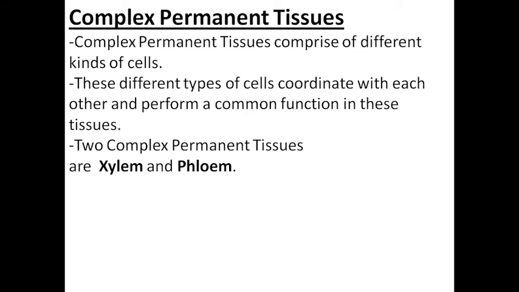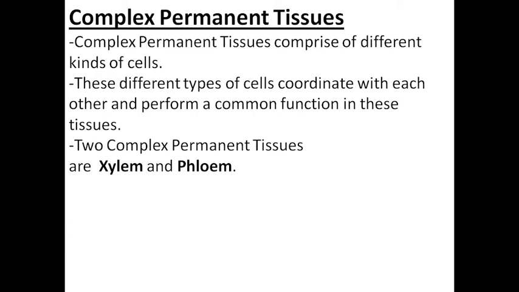So see, as I have given here, complex permanent tissues comprise of different kinds of cells. That is the definition. Next is, these different types of cells coordinate with each other and perform a common function in these tissues. Means here many types of cells are present, but they are forming a group and performing a common function.